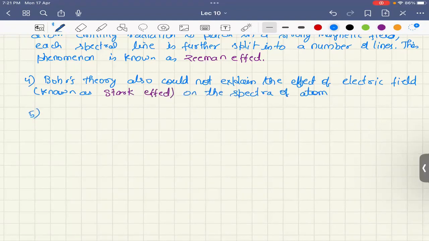The fifth one is that Bohr's theory does not provide any clue to explain the shapes of molecules arising out of directional bonding between the atoms. Right. So Bohr's theory does not provide any clue to explain the shapes of molecules arising out of the directional bonding between atoms. Right.